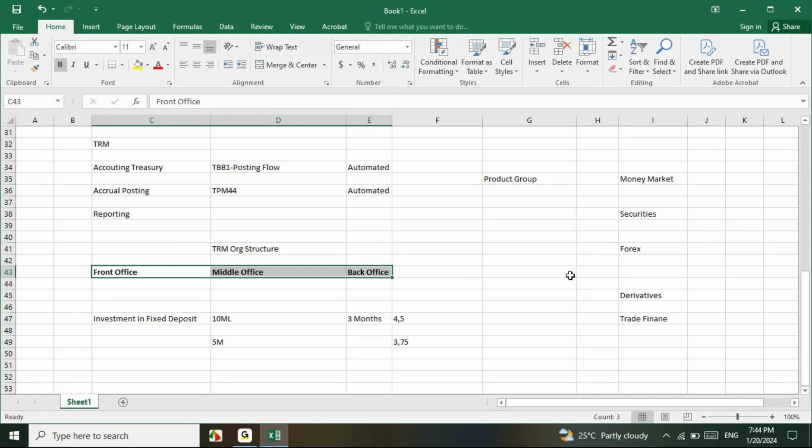They will return this form to the front office team, and the front office team will call the customer and get the missing signature done, and then send it back to the middle office team for review or validation. It's called the four-eyes principle. The middle office team is mainly meant for this kind of validation activities.